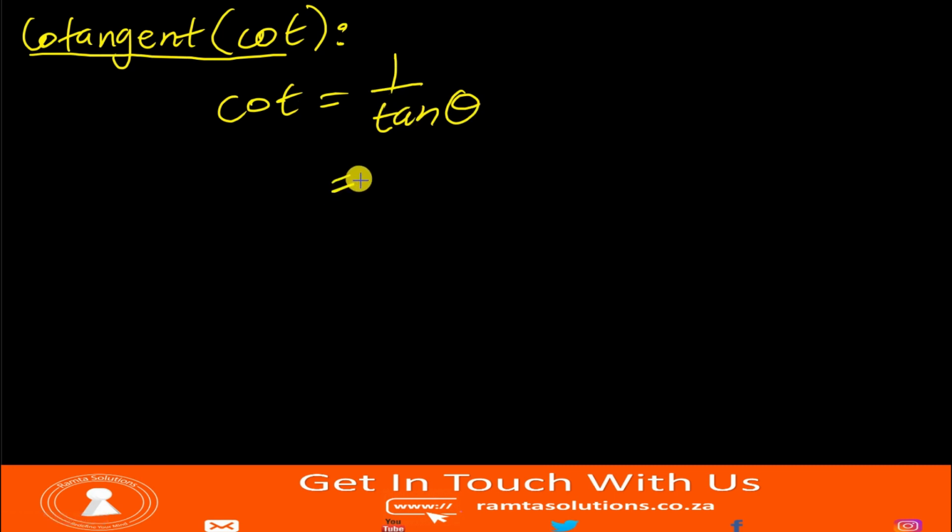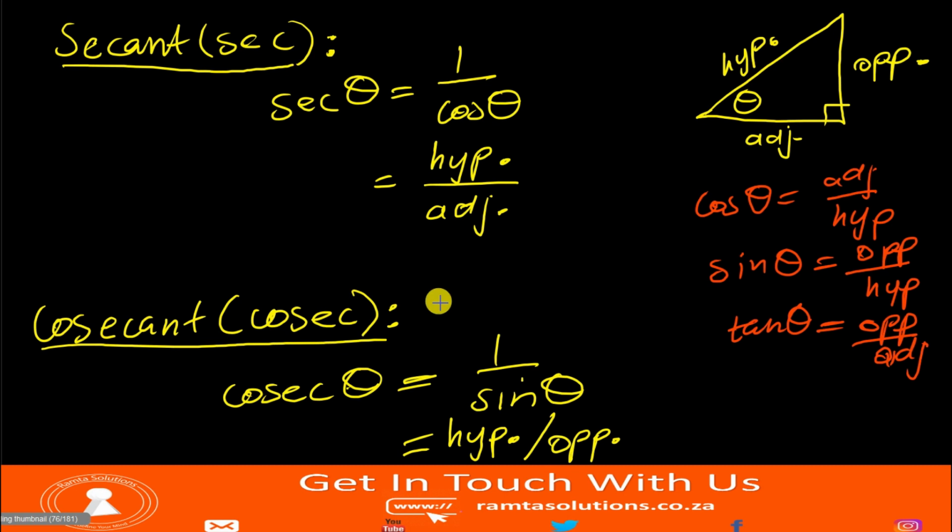If you recall, tan theta was opposite over adjacent. Now cotangent will be adjacent over opposite.